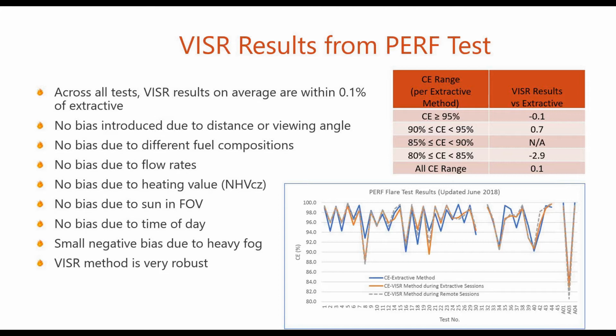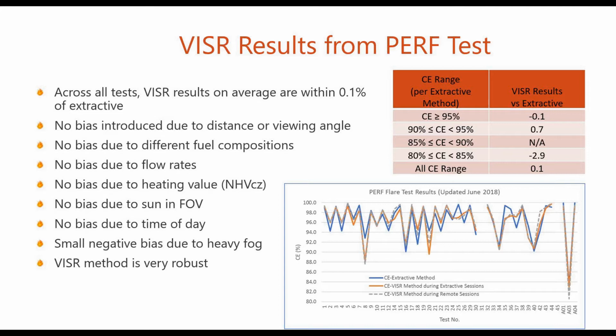Again, this is a blind test. We had no prior knowledge of the composition of what was being burned, or the flow rate, or the steam ratio, the combustion zone net heating value. So without having any knowledge about the process conditions, that's how these results were obtained.